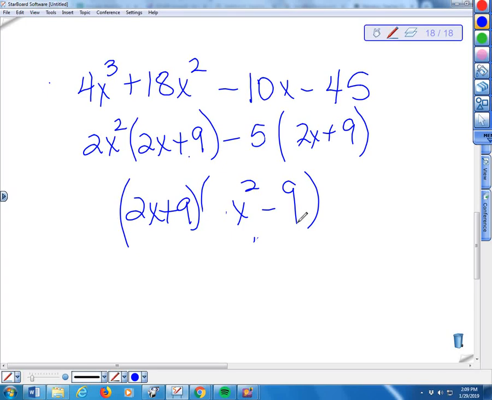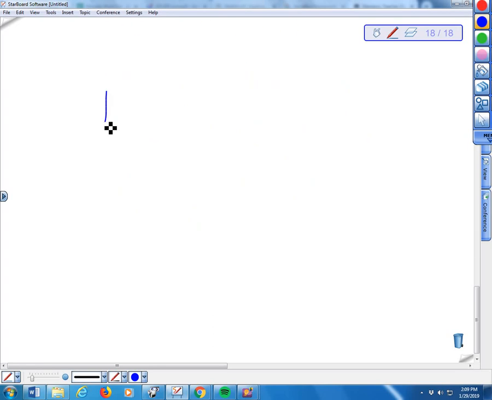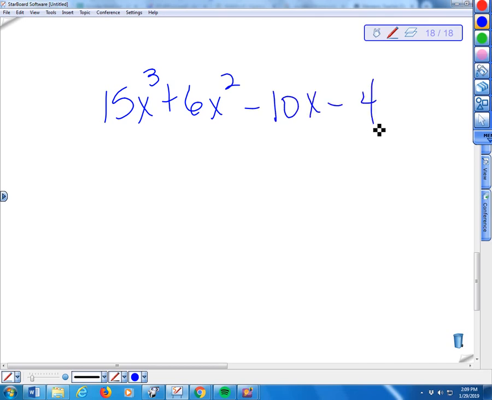Let's go: 15x cubed plus 6x squared minus 10x minus 4. Okay, I can't factor anything out of all four. So now I'm going to look at four terms. I'm going to look at my first two.